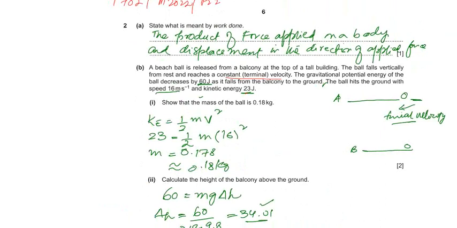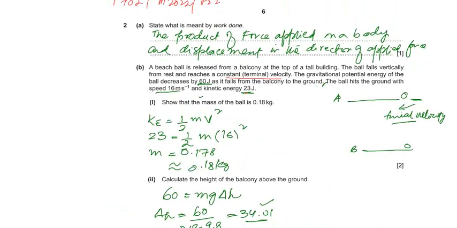Then when it touches the ground, the kinetic energy becomes 23 joules. Here it is 60 joules and it becomes 23 joules at point B. That means some energy is lost, which is 60 minus 23.